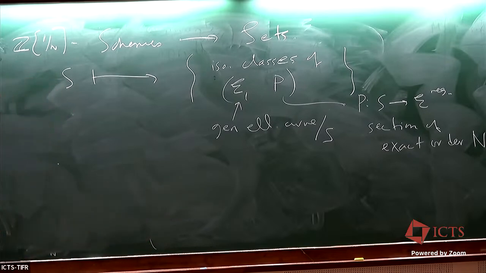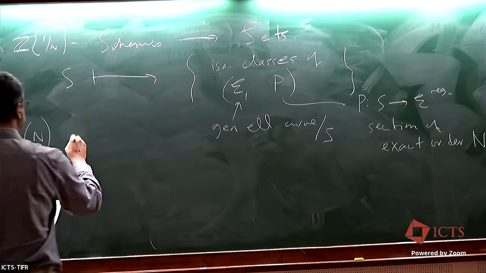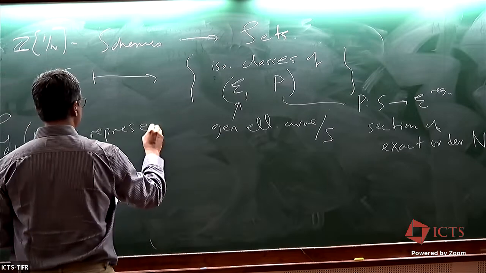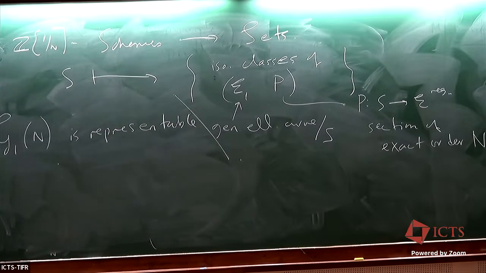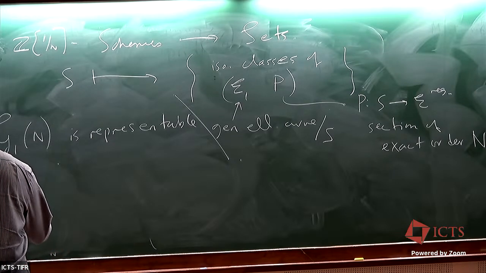Okay, so here is the theorem. This is all really magical stuff for me. I hope people even dream of such things. It's really remarkable. For n greater than 4, it turns out that this functor is again representable by a scheme, X1(n) over Z[1/n].